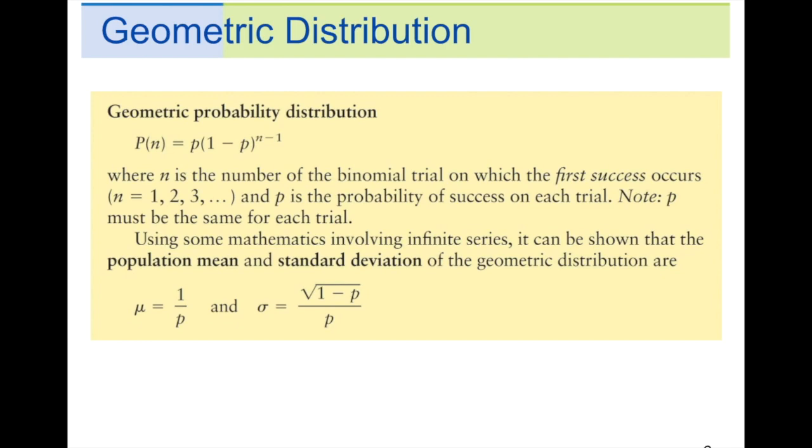Using some mathematics involving infinite series, it can be shown that the population mean and standard deviation of the geometric distribution are mu equals 1 over p, and sigma equals square root of 1 minus p over p. So again, these aren't all that bad for mean and standard deviation formulas.